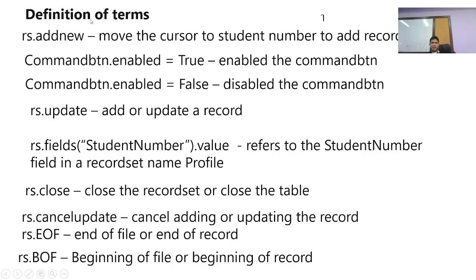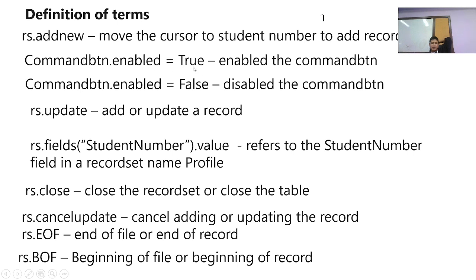Okay, what are some of the definition of terms? We will use the rs.AddNew. So this will move the cursor to the first field, which is the student number, to add a record. We will also apply a command button enabled.